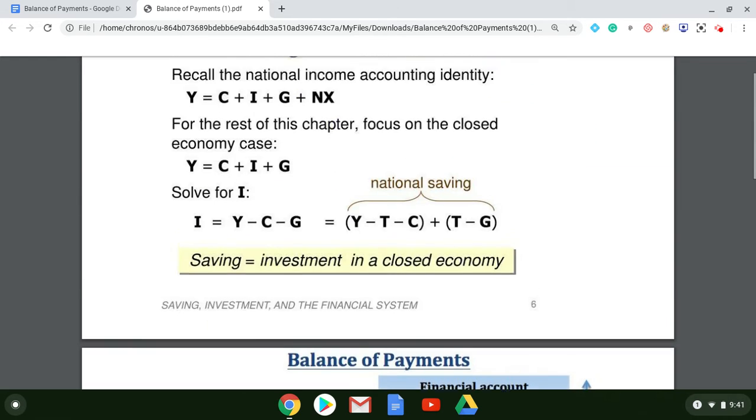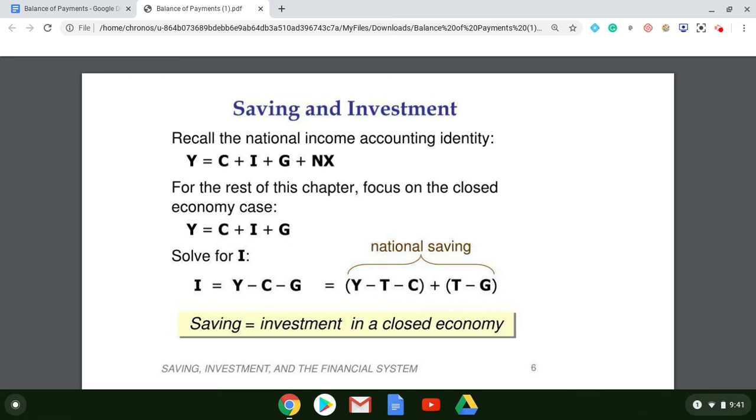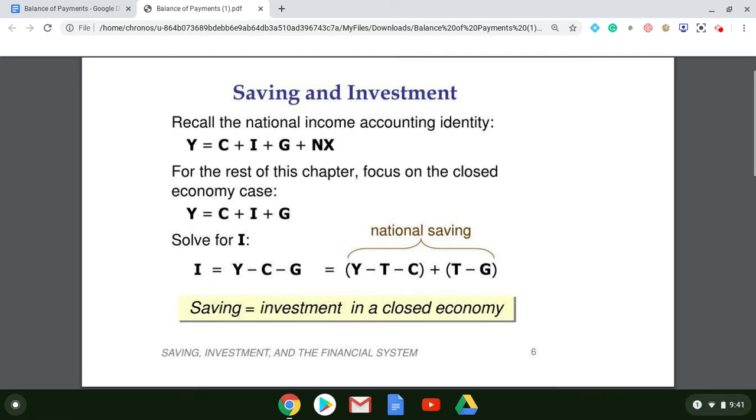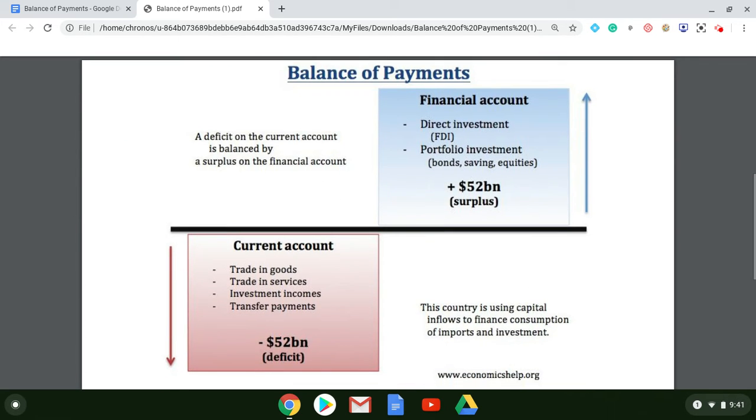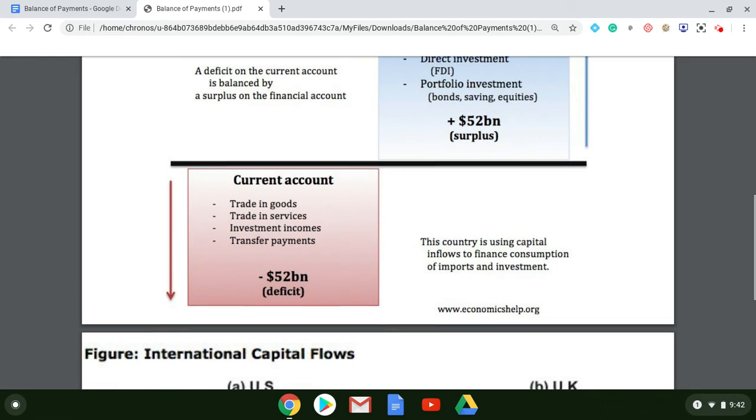The savings and investment identity works because the savings in the country has to go somewhere within the country, whereas this balance of payments comes into play because at some point investors or savers can choose to put their money, their capital, elsewhere in other countries. So this has an effect not only on the capital and the savings within a country, but also on the exchange rate.